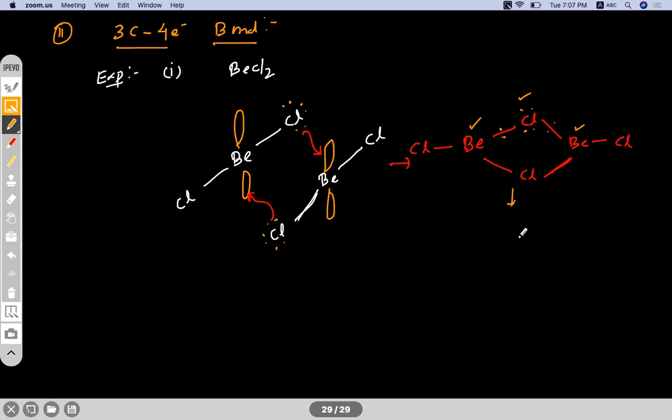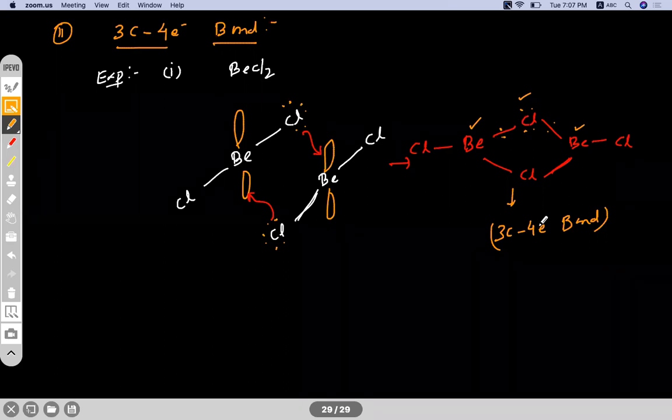That's why this bridge bond is a three center, four electron bond. All these dimerization processes are spontaneous. The molecule gets dimerized on its own in order to gain stability.